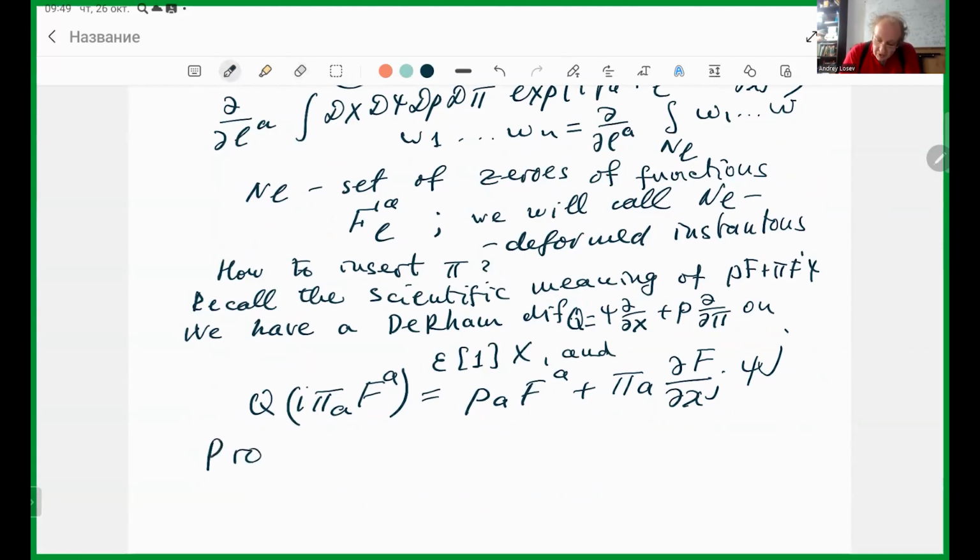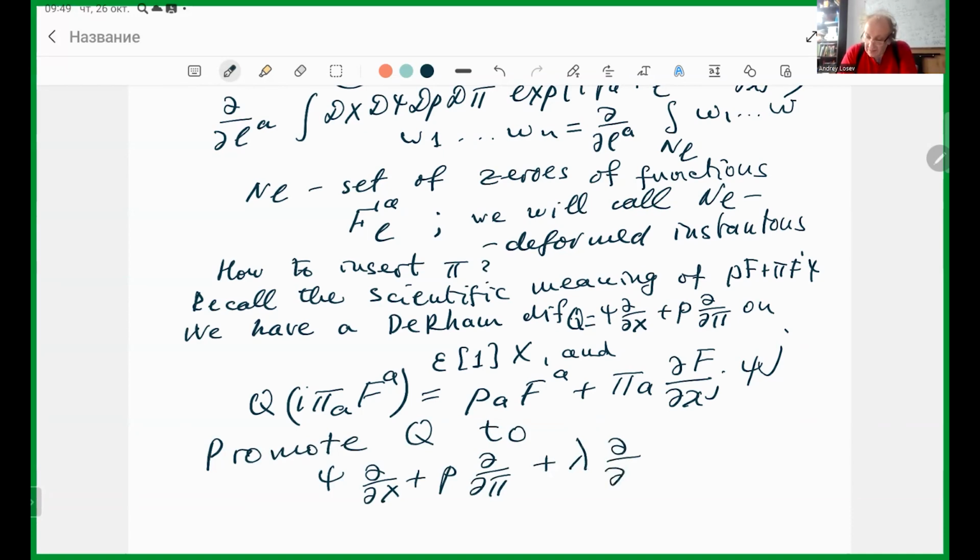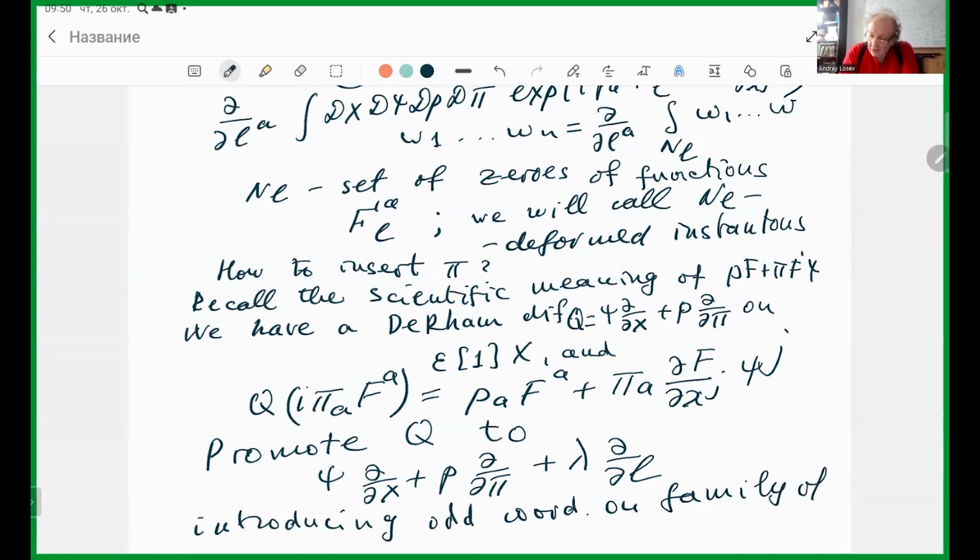So now I promote the differential to psi d over dx plus p d over d pi plus lambda d over d l, introducing an odd coordinate on the family of instantons.